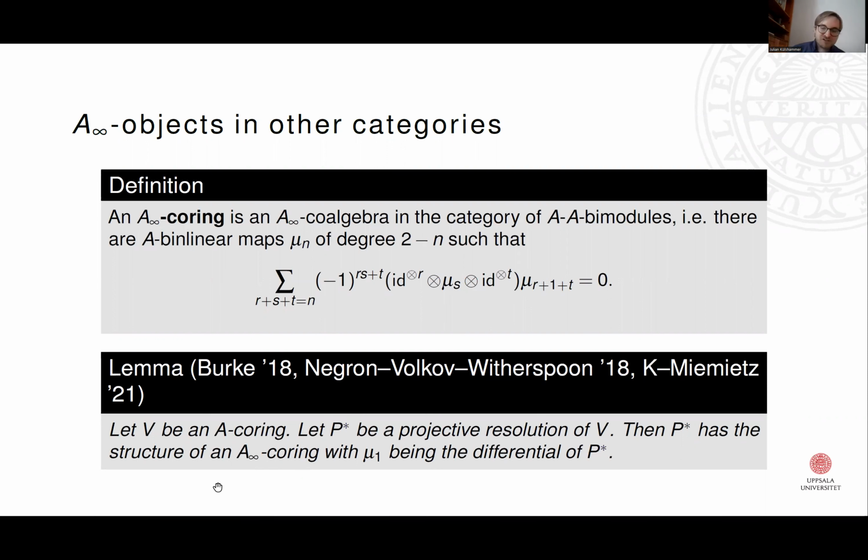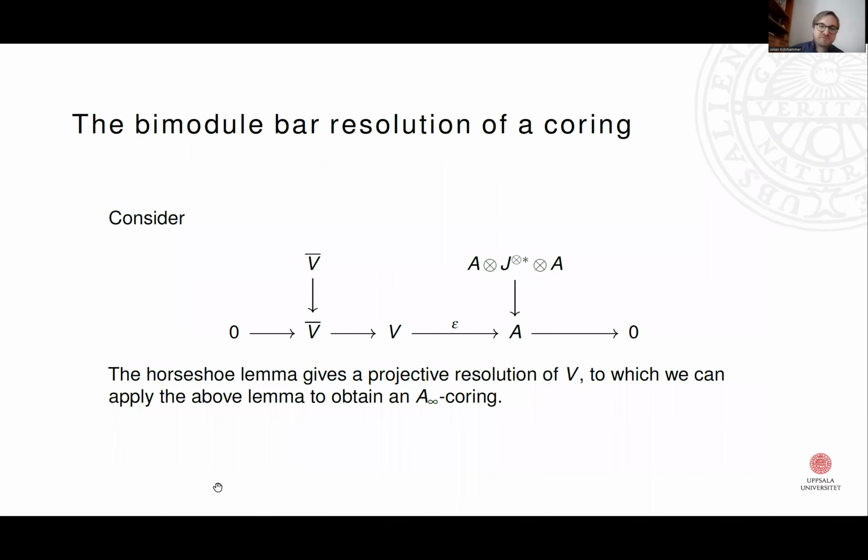So that's what we actually do. We do this for a projective resolution that we are given quite naturally. Again, we use this exact sequence: V bar includes into V, with the projection being the co-unit to A. Now we use the classical horseshoe lemma.